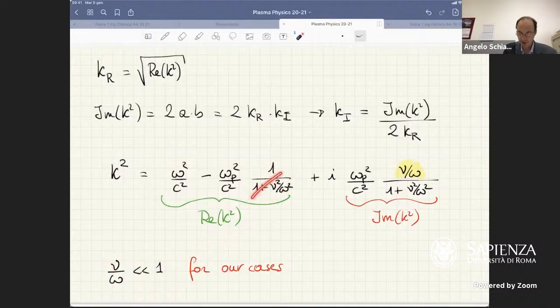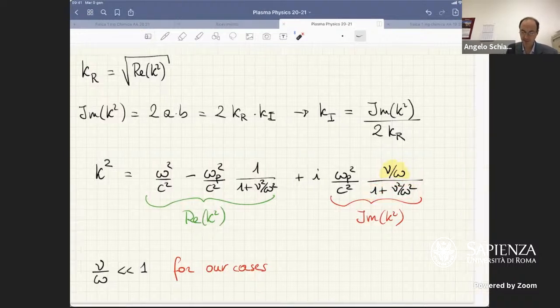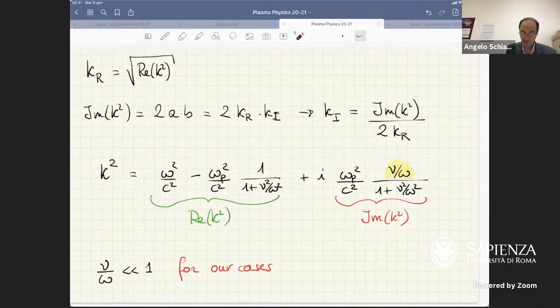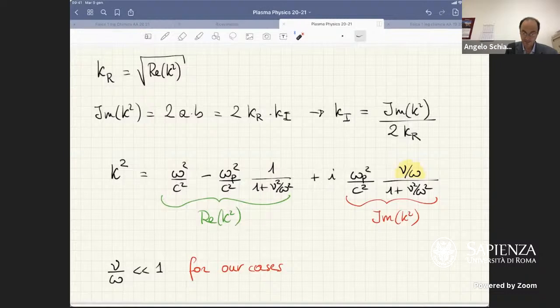So these two terms can be neglected at the denominator. And what remains is the real part of k squared, and the square root of this is kr.